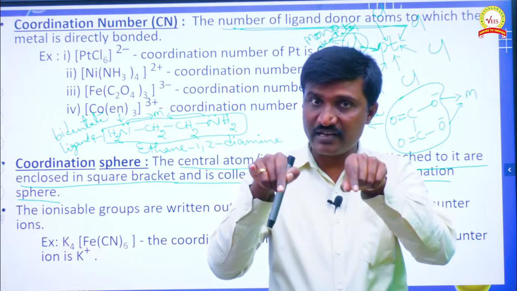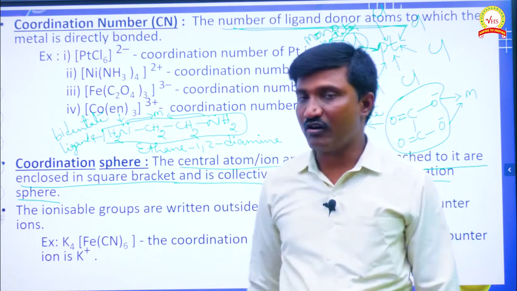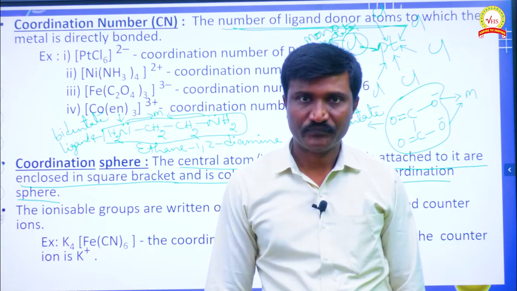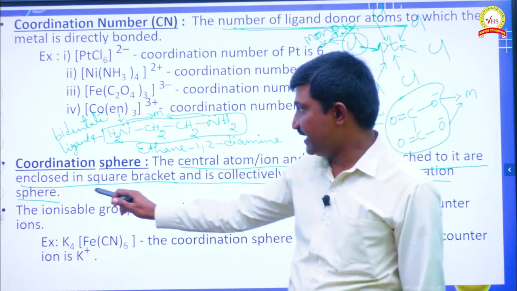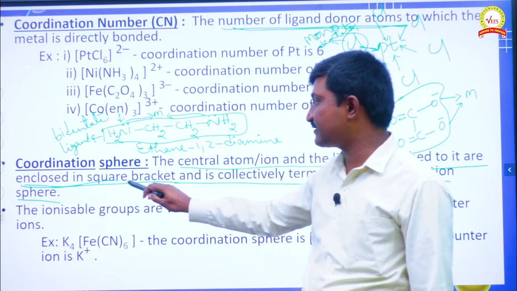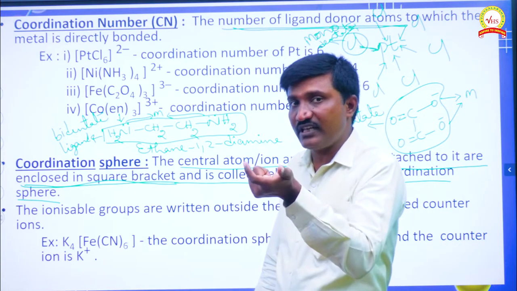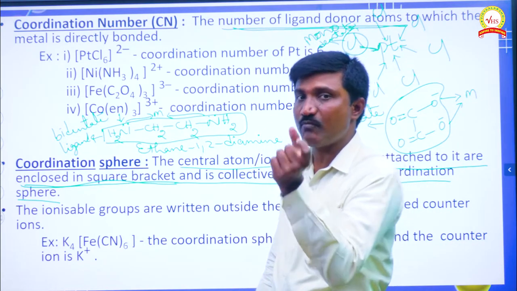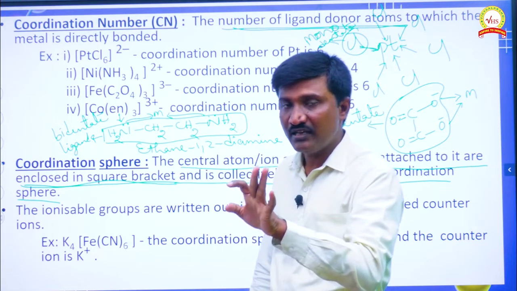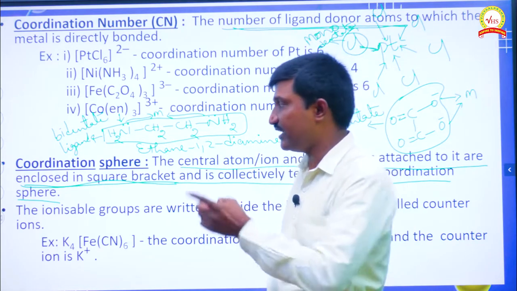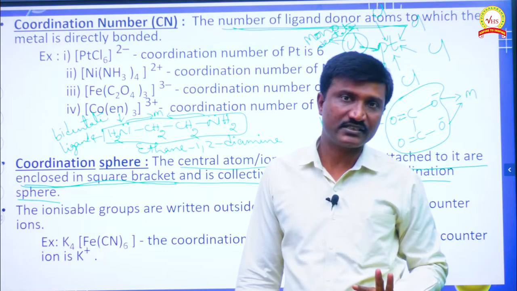If you include the square bracket also, then we call that the coordination sphere. Okay, so that's why it is said collectively enclosed in square bracket. In a coordination entity, the constituent ions or groups bonded to the metal atom are not enclosed in the square bracket, but here they are enclosed.